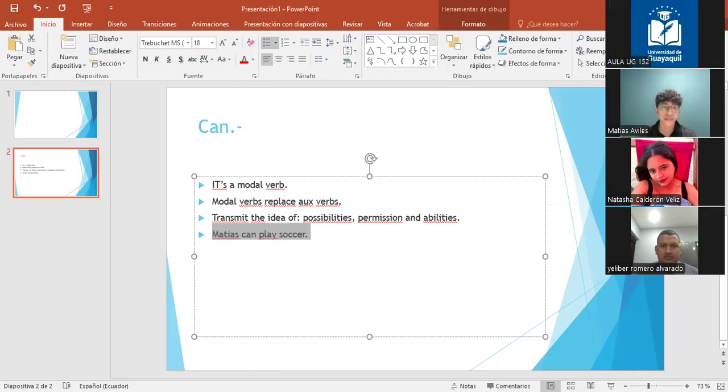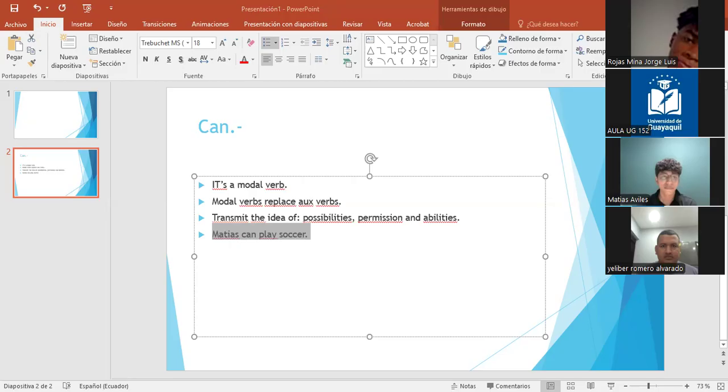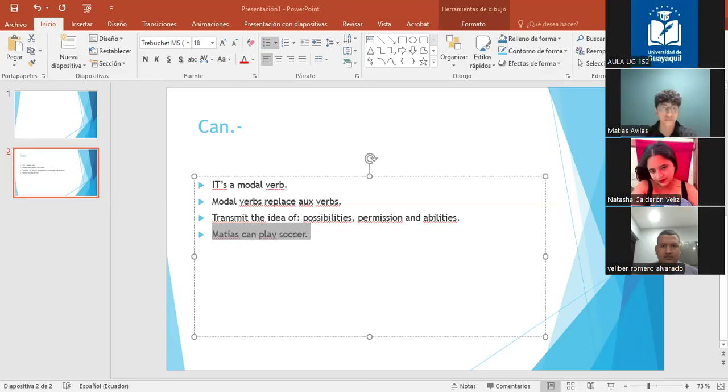In this case, your principal verb is play. That is correct. So when we have this word can, it is the way that you transmit the idea that Matthias has the ability to do that action, which is play soccer.